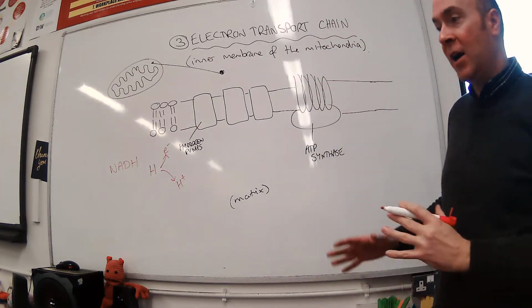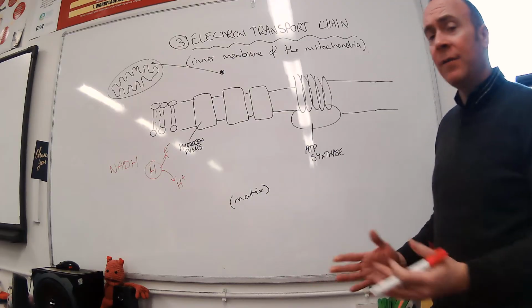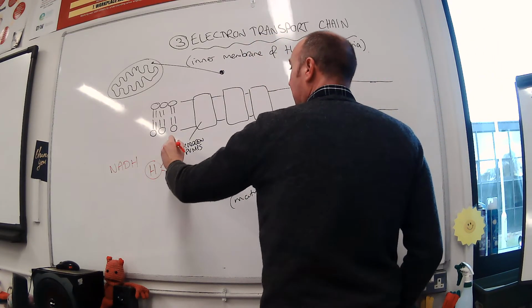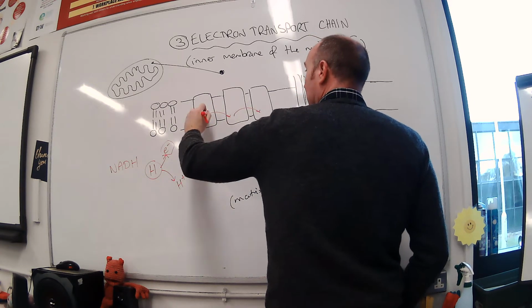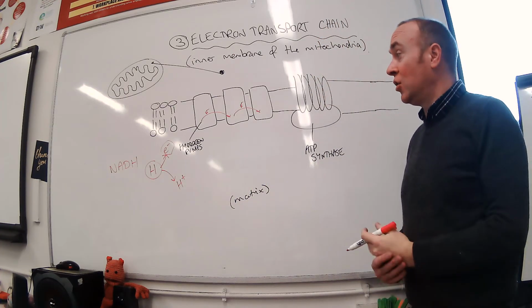Both of those parts of the hydrogen atom that split have different roles. First of all, we'll deal with the electron. What happens is the electron is passed between hydrogen pumps, and that gives the pumps energy.